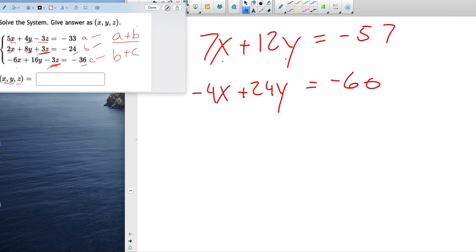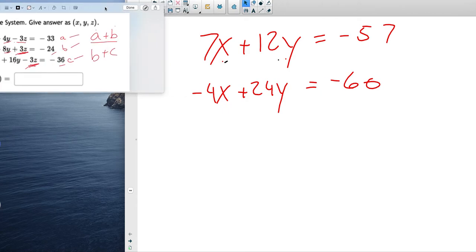Now this problem looks like problems we had on the previous assignment. Now I would just have to eliminate the x or the y and solve. So what am I going to do? I'm going to multiply this top equation by negative 2, and I hope you can see why.